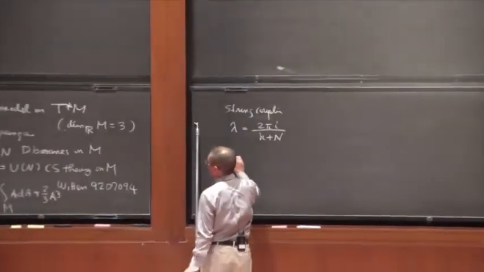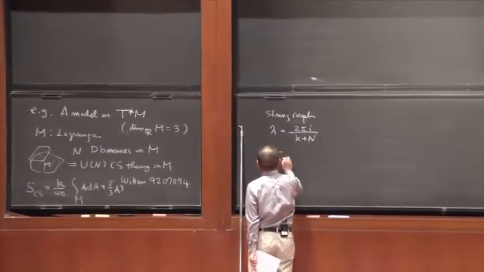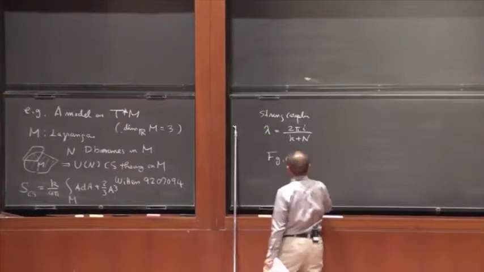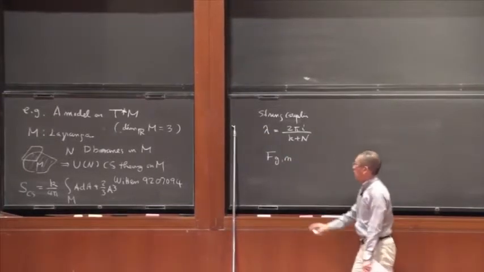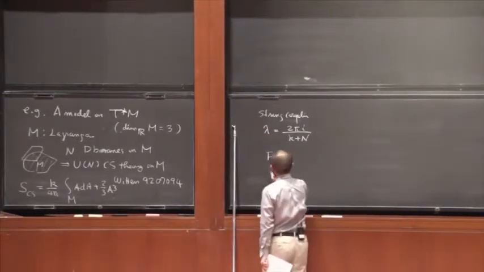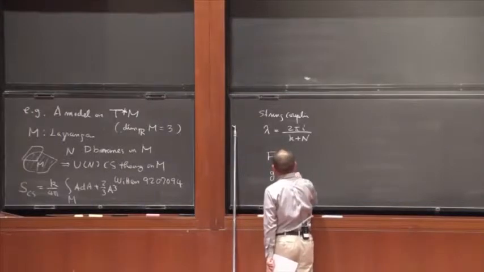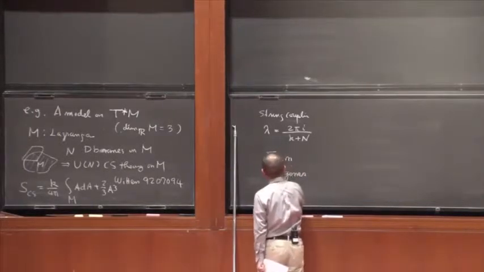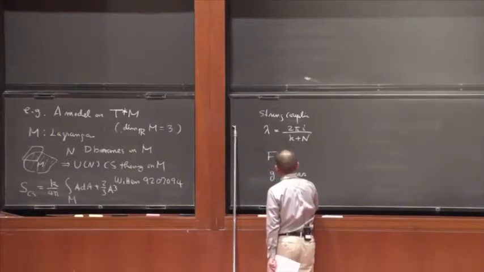So in this case, what does the open string amplitude look like? The open string amplitude looks like F_{g,n}, where g is the genus of the Riemann surface and n is the number of boundaries.